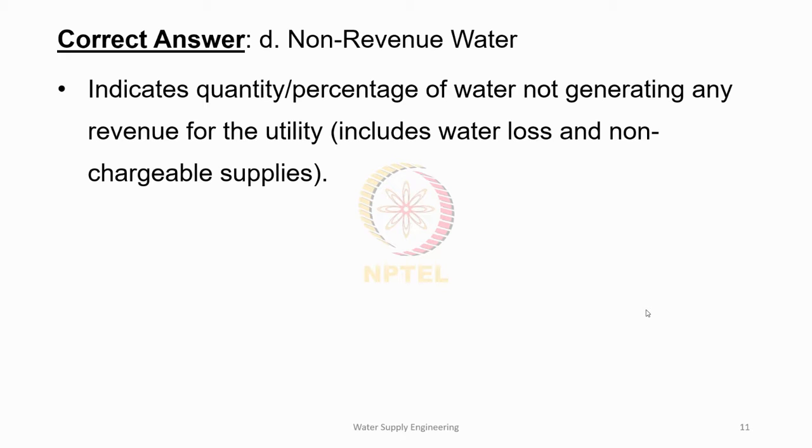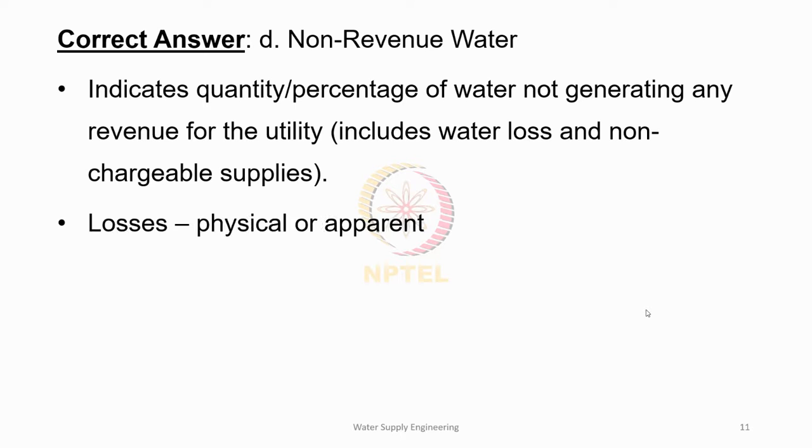So earlier, when we were talking about the previous question, we were discussing what is water loss. Water loss means that part of the water is getting lost while we are transporting it from the source to the consumer end. Since it is lost in between, it is not generating any revenue, so it comes under non-revenue water.